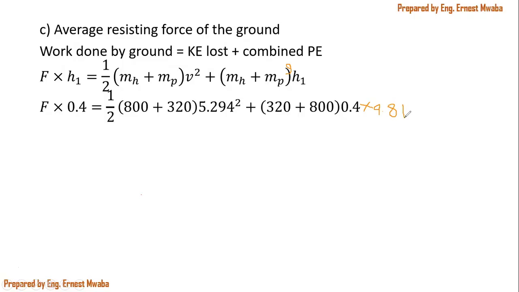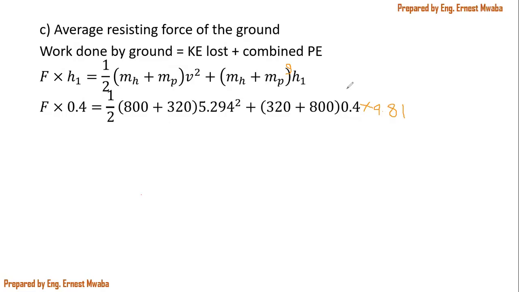So what are we saying? Here we're saying that you add, first of all, half multiplied by this combination, which is 800 plus the 320, then multiply it by 5.294 squared. Now this one, we're adding it to this.